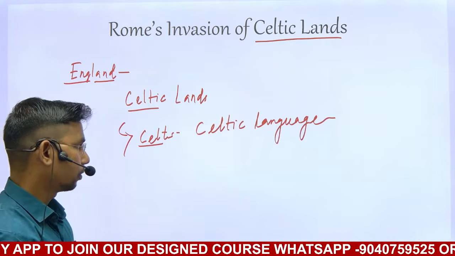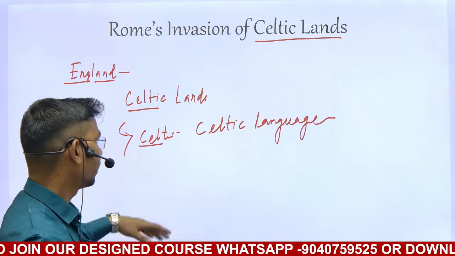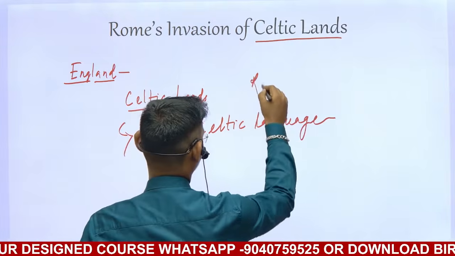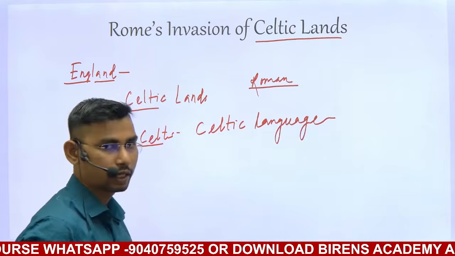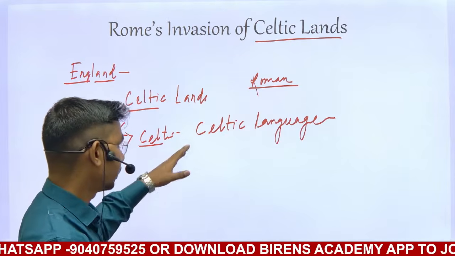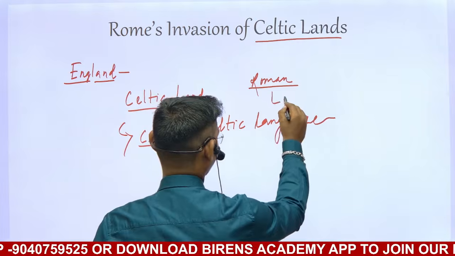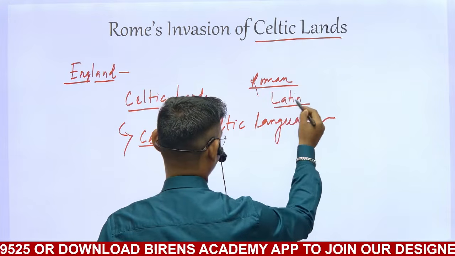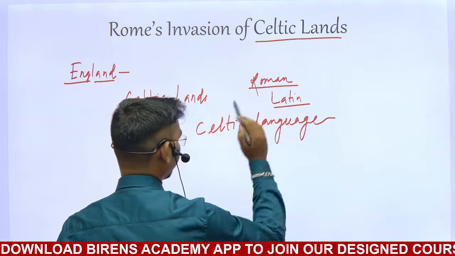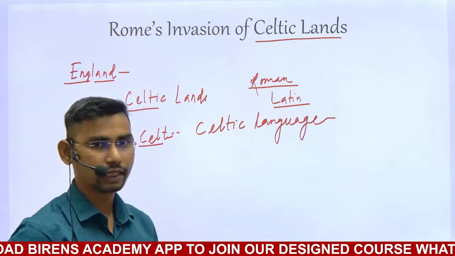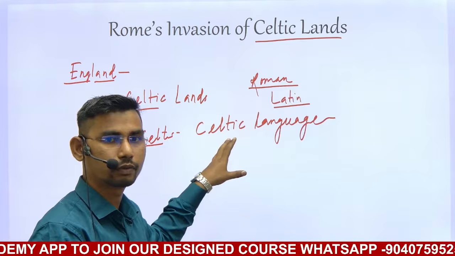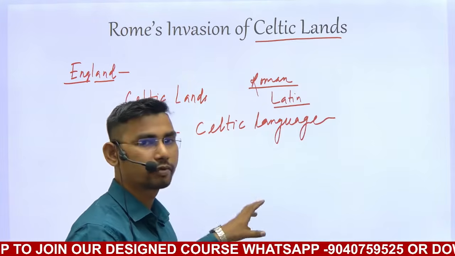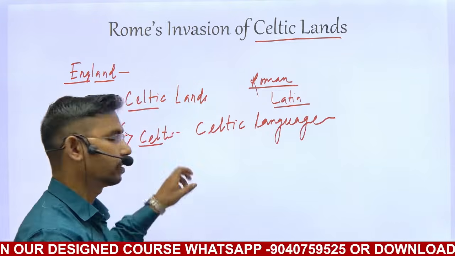Okay, so they were invaded by the Roman Empire many times, very often. They brought with them their language Latin, and the Celtic language and Latin got mixed up, and a new language was formed, which was spoken by the Celts in the land.